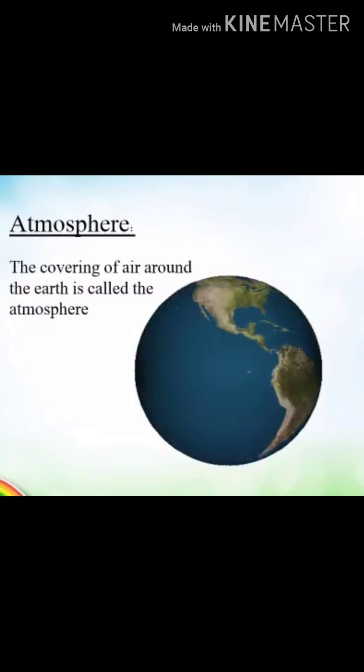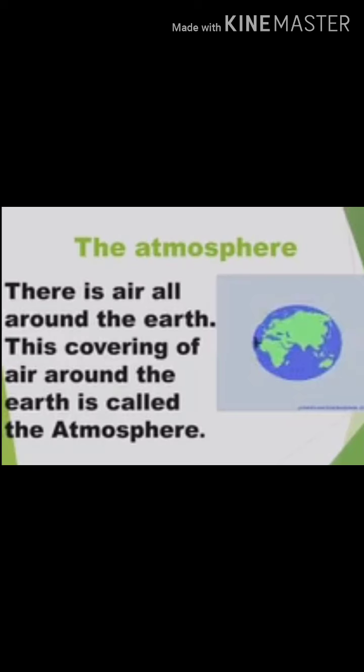As we go away from the earth, the layer of air becomes thinner. The layers of air closest to the earth are very close to each other, right? At greater height the air is rare. That means the air becomes thinner as we go higher and higher. Okay, students?